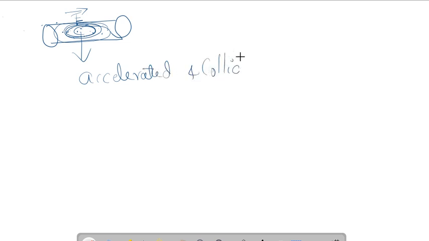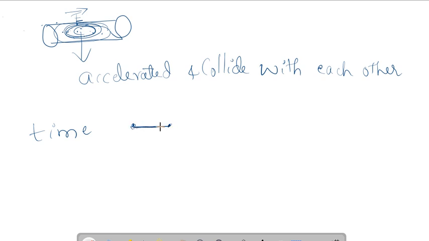The small interval of time between two successive collisions between the electron and ion in the conductor is called the relaxation time.